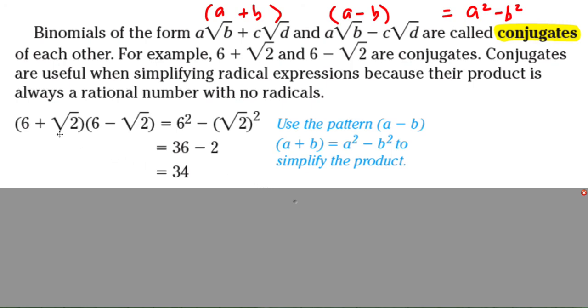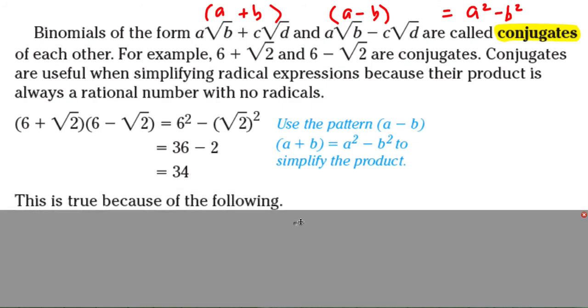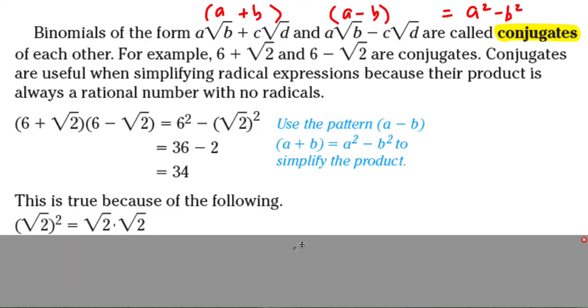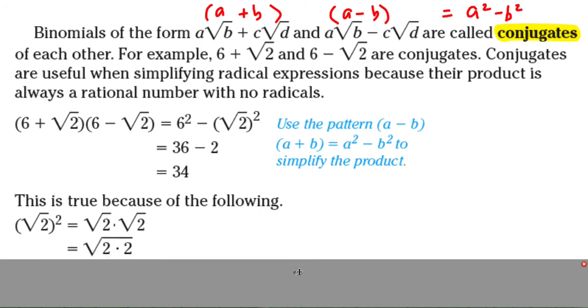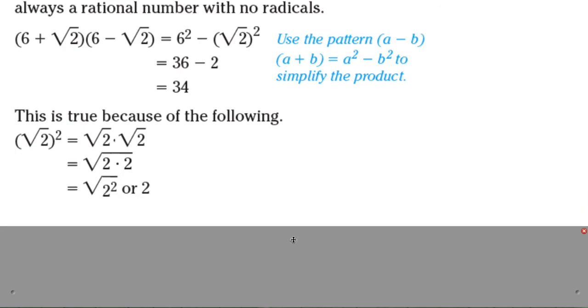So the product of the conjugates of 6 plus radical 2 will be 34. Okay, so this is true because of the following. We know for a fact that radical 2 squared is the same as radical 2 times radical 2, or it's the same as radical 2 times 2, or simply radical 4, or 2.